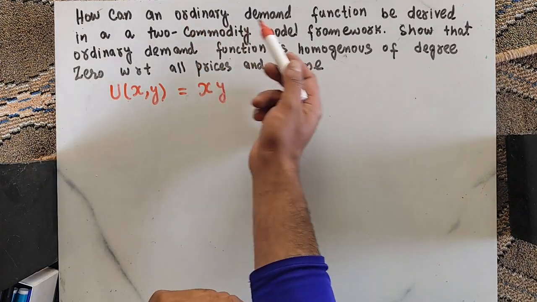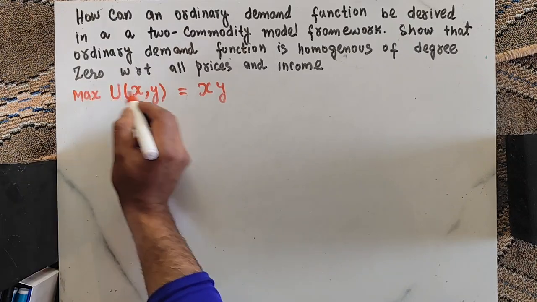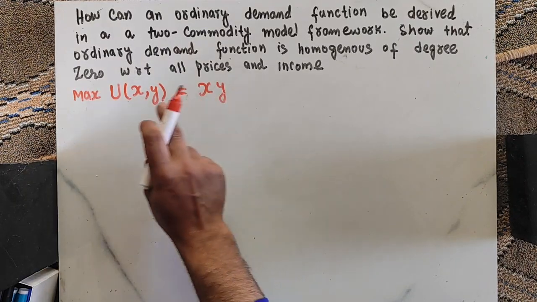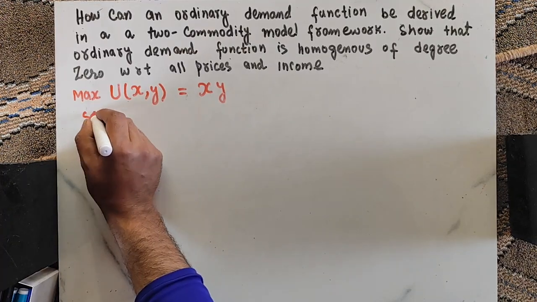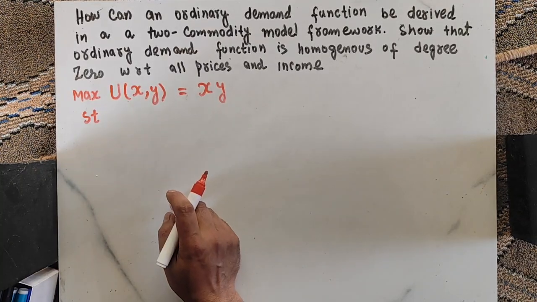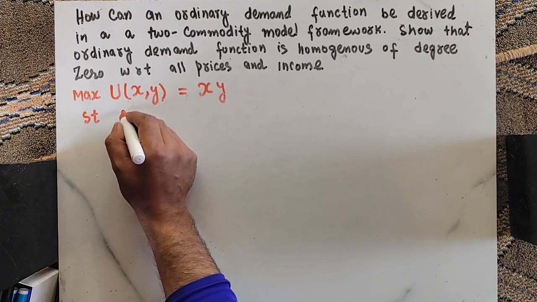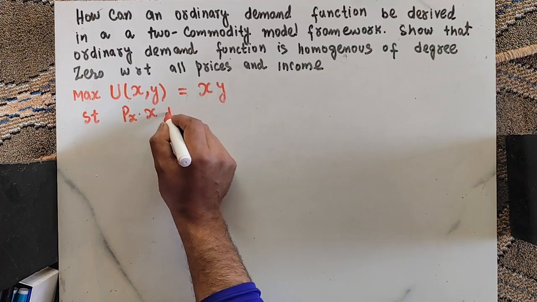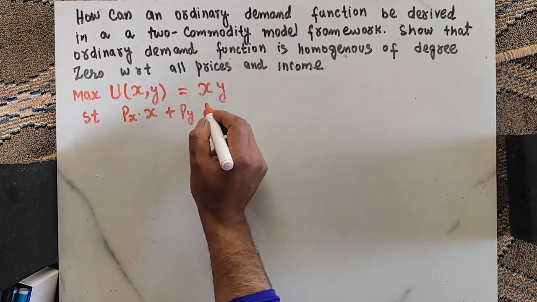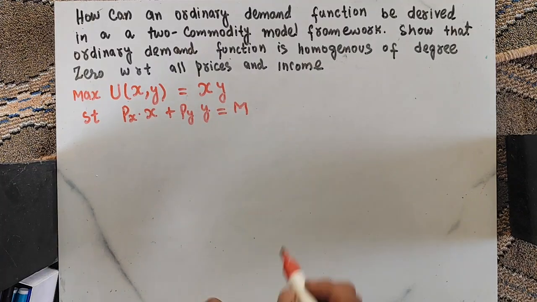To find out the ordinary demand function, we want to maximize the utility of the consumer deriving from consuming goods x and y subject to the budget constraint that he or she will be facing. What will be the budget constraint? That is, price of good x times units of good x consumed plus price of y times units of good y consumed, and it should be equal to the income of the consumer.